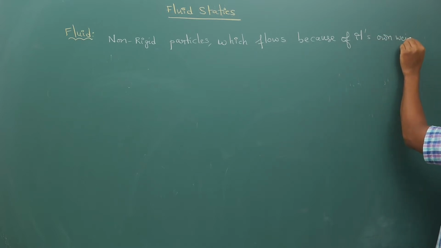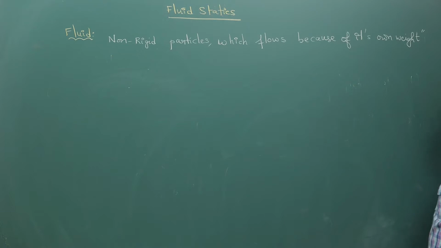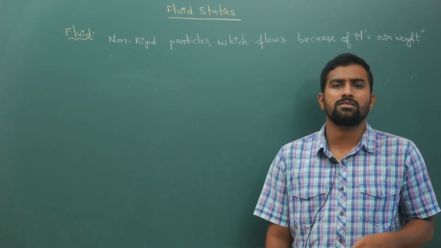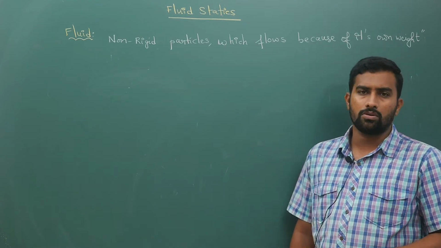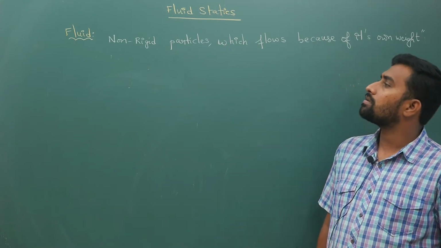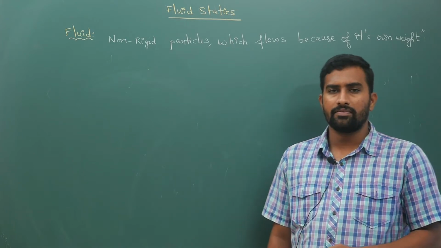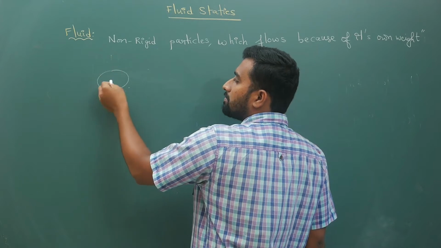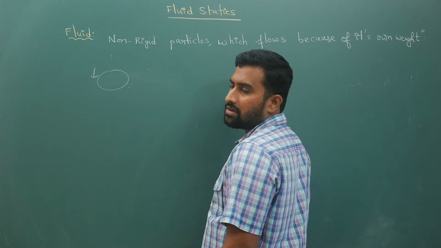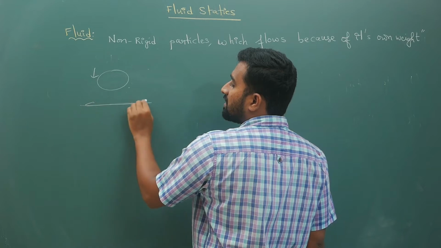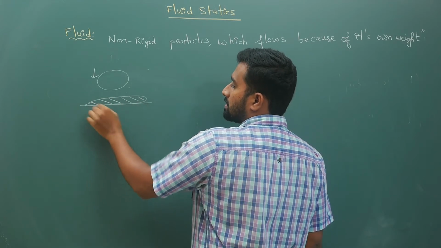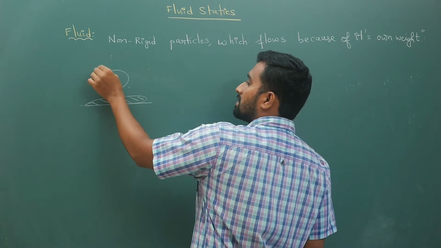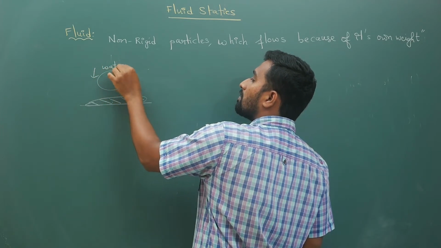This basic definition is more than enough. Because I am not teaching for your board, I will not give too many definitions about basic things; if I do that, a lot of time will get wasted. To understand this better, for example, if I drop some spherical liquid onto a surface, what happens? It spreads like this. Why is it spreading? Let us say this is a water drop.